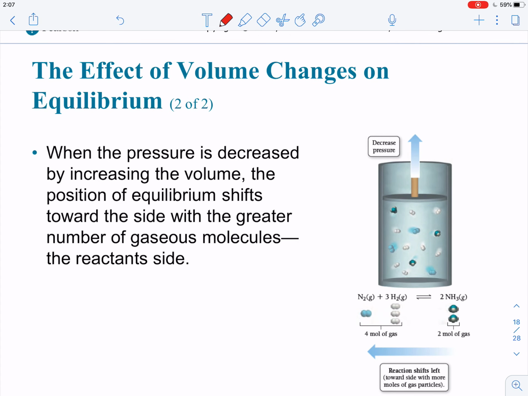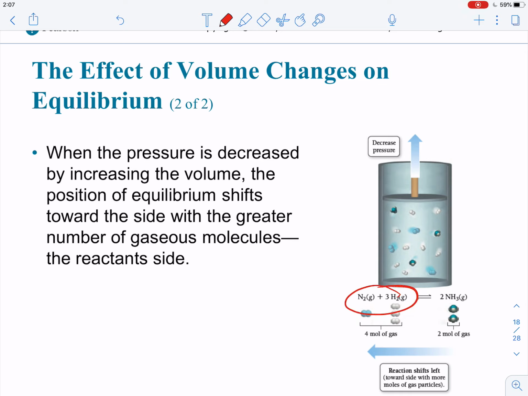And the opposite is true. Okay, so if you decrease the pressure, if you decrease the volume, which will decrease the pressure, then you want to replenish the pressure that you had before, and the way to do so is to increase the number of particles.